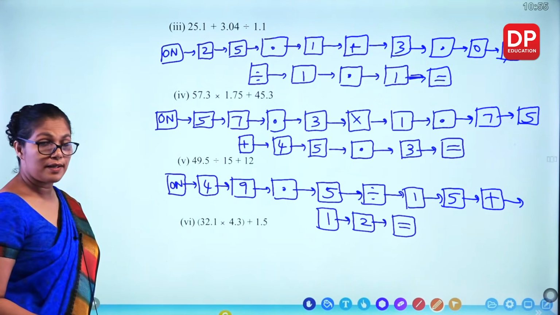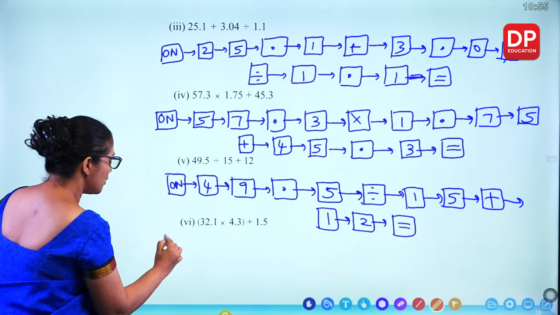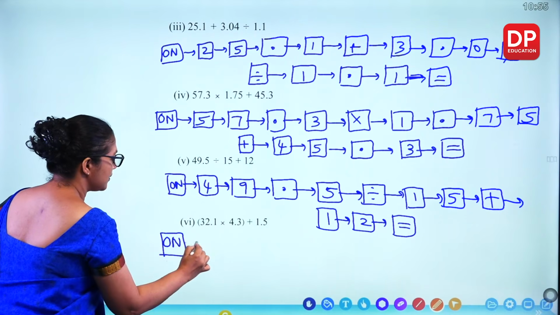This one you get brackets. That means this one first. So you need to put brackets.